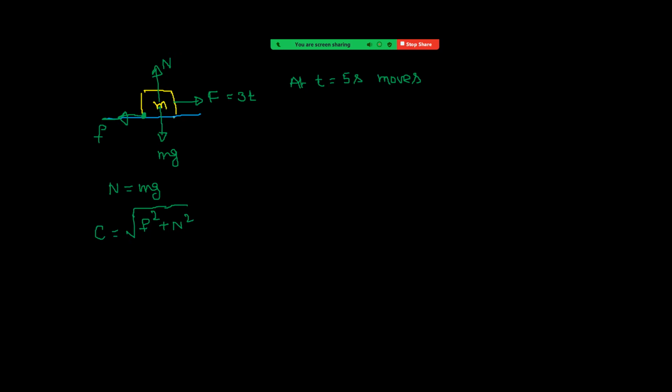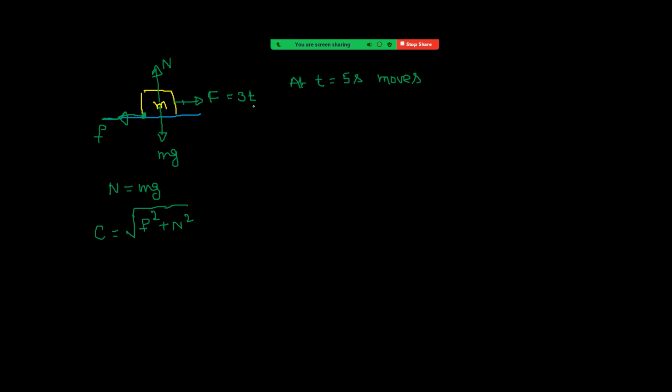Now see carefully. When t equal to 0, the applied force was 0, so friction was 0 because net force equals 0. When t equal to 1 second, F equal to 3 Newton, so friction also equals 3 Newton, because the block is not moving up to 5 seconds. So up to 5 seconds, net force must be 0.